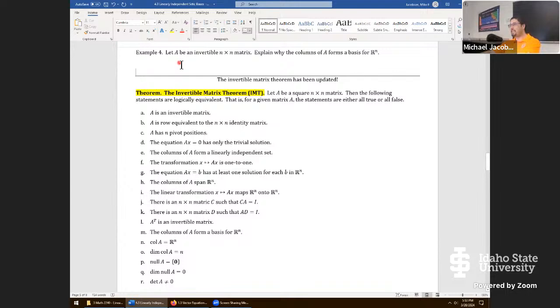And so it says, if A is an n by n invertible matrix, explain why the columns of A form a basis for Rn.